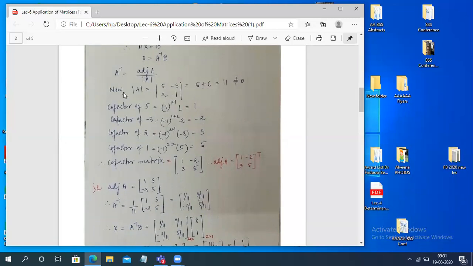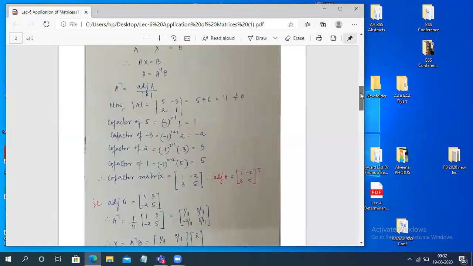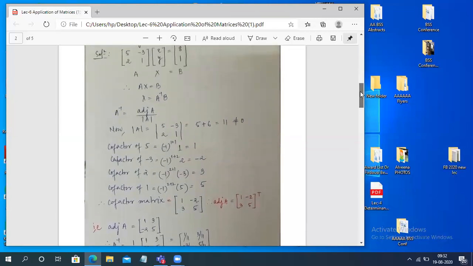So to find the value of A inverse, first we have to find the cofactor of each element of A, and then find the adjoint of A. So in the given matrix, the cofactor of 5 is positive 1. The cofactor of minus 3 is negative of 2, that is minus 2. And the cofactor of 2 is negative of minus 3, that is positive 3.